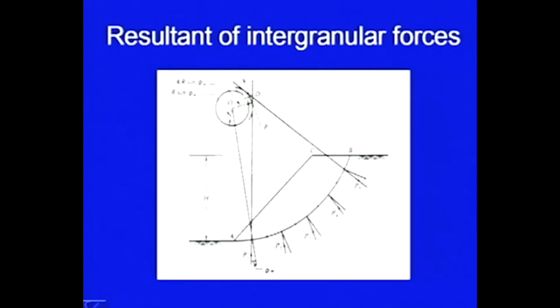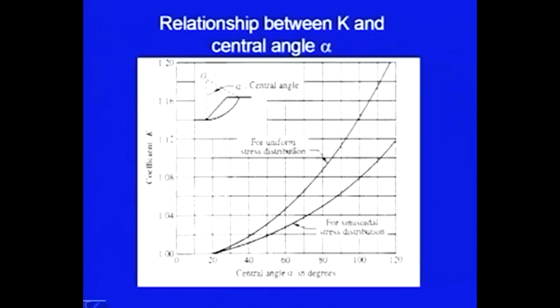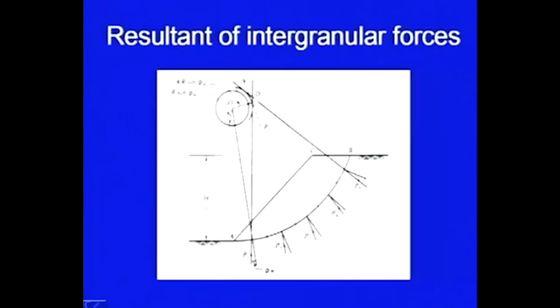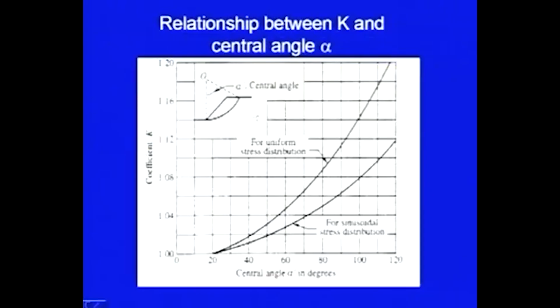Its radius will be a little larger than the radius of the original friction circle, equal to k times the radius of the original circle, and this coefficient k can be obtained from this chart.